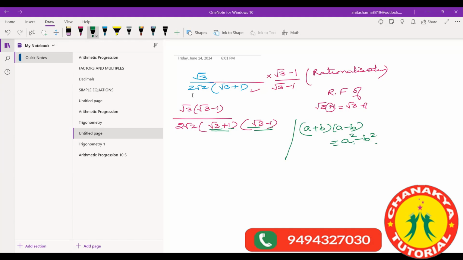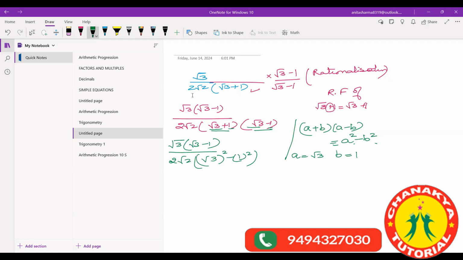On comparing, the value of a will be root 3 and the value of b is 1. So you will write root 3 into root 3 minus 1 upon 2 root 2 into root 3 square minus 1. Got it, my point, beta? Show me a thumbs up.